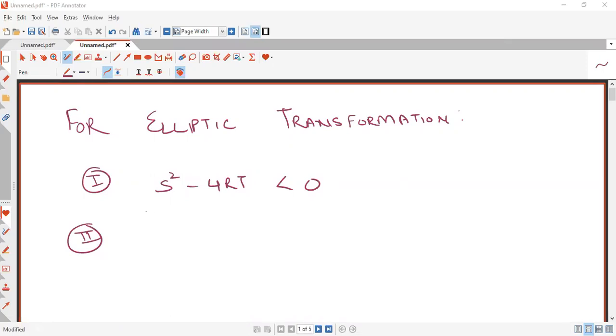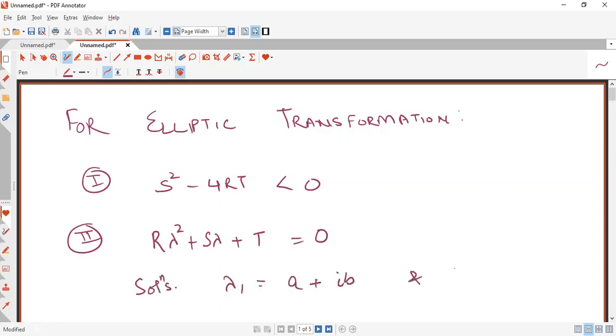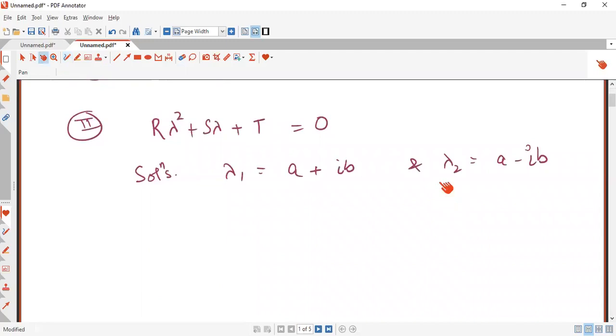Here, you'll find again the characteristic equation r lambda square plus s lambda plus t. You will solve. Suppose you have got the solutions as a plus iota b and a minus iota b. You know the conjugate will be the root, right?